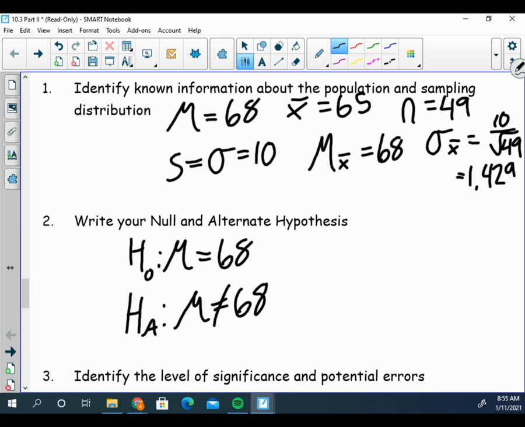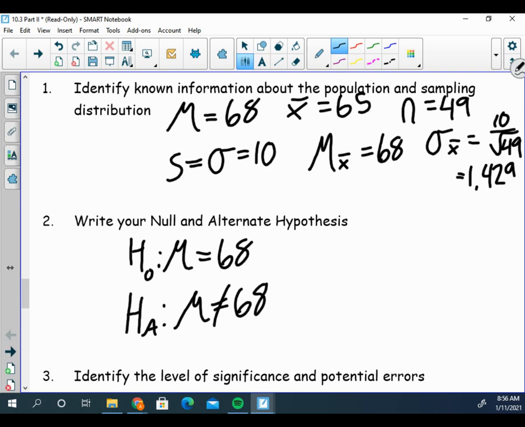Again, this is where we have to be super careful, right? Just because the new schedule in our sample dropped from 68 to 65 doesn't mean it's a less than or a left-tailed one. They just want to know if the schedule changed the amount of idle time. That means we're looking at whether it grew or whether it dropped. We just want to see if something changed.